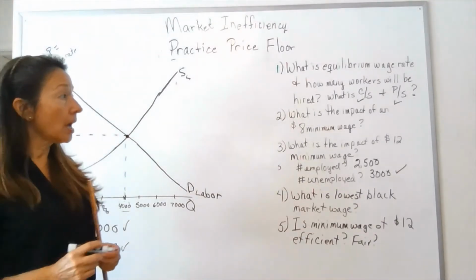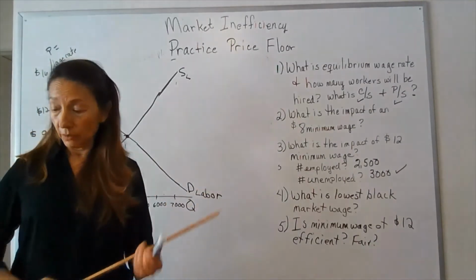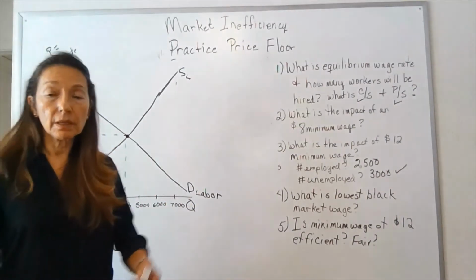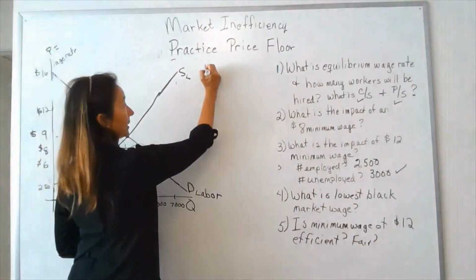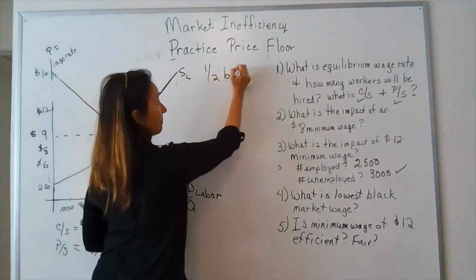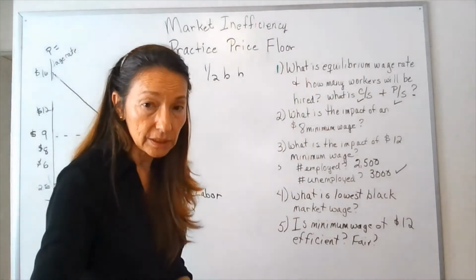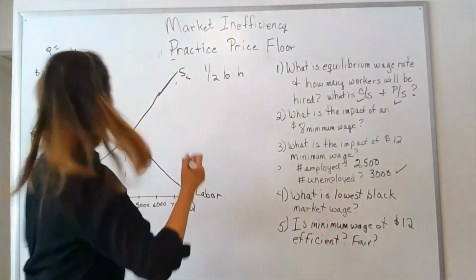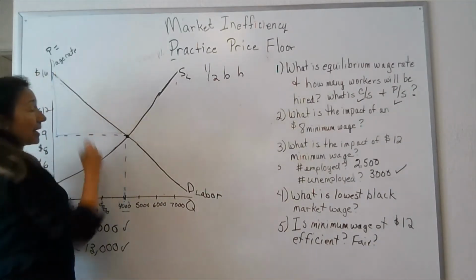Okay, what is consumer surplus and producer surplus? This is a calculation that we've already done. We calculate it using 1/2 base times height. Just to refresh your memory, let's look at consumer surplus. Remember that is the area above the market price and below the demand curve.